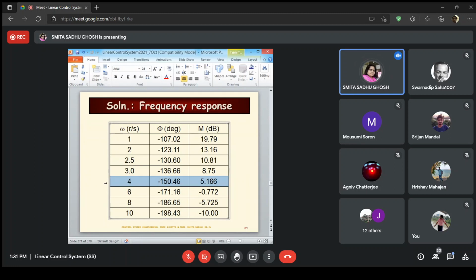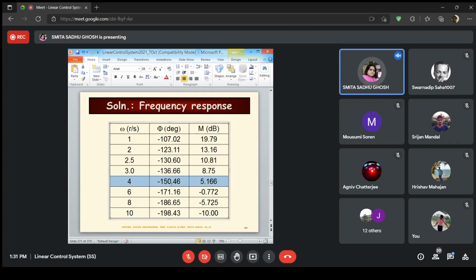Is this portion clear, right? So I hope all of you have understood this. If not, let me know again. That is, at 4 radians per second, the phase is minus 150 degrees, right? But for 45 degree of phase margin, ultimately I would be wanting the phase value to be minus 135. So if I use a lag compensator at this frequency, I will get more negative phase.